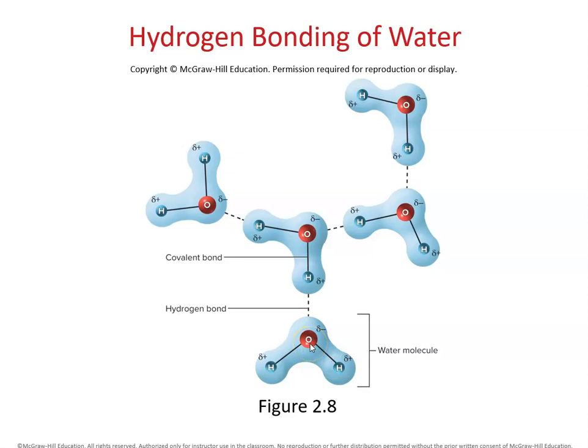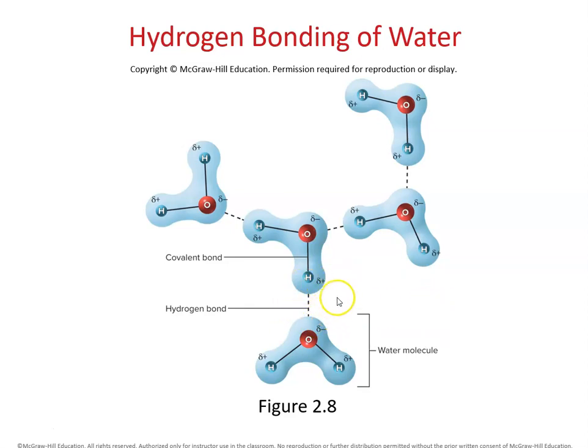Then, when you put lots of waters together, the partial positive side of one water molecule wants to hang out close to the partial negative side of another water molecule. And between them, where the partial positive tends to be close to the partial negative, we form something called a hydrogen bond. And this hydrogen bond is the thing that gives water all of its properties.